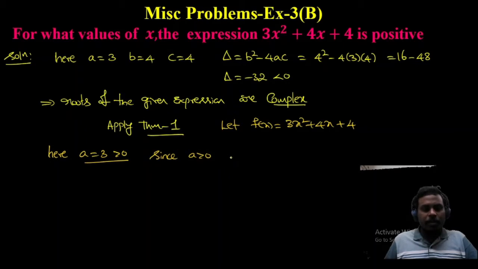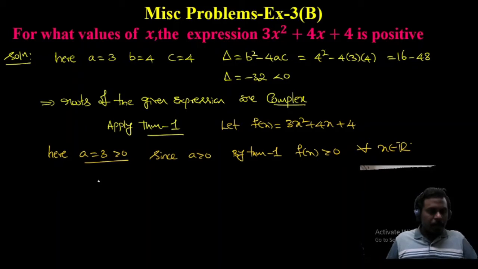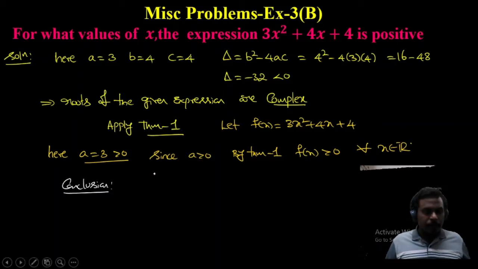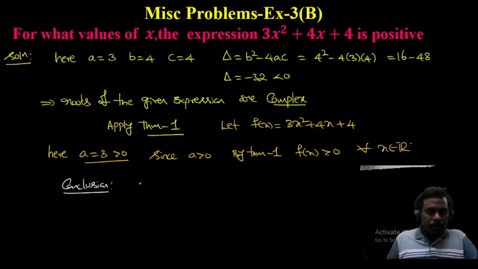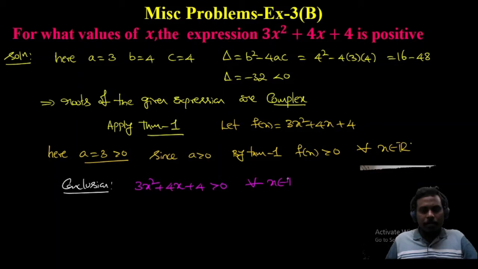Since a is positive, then according to theorem 1, f of x is also positive for all x belongs to real. So what is the conclusion? The conclusion here is 3x square plus 4x plus 4 is positive for all x belongs to R.